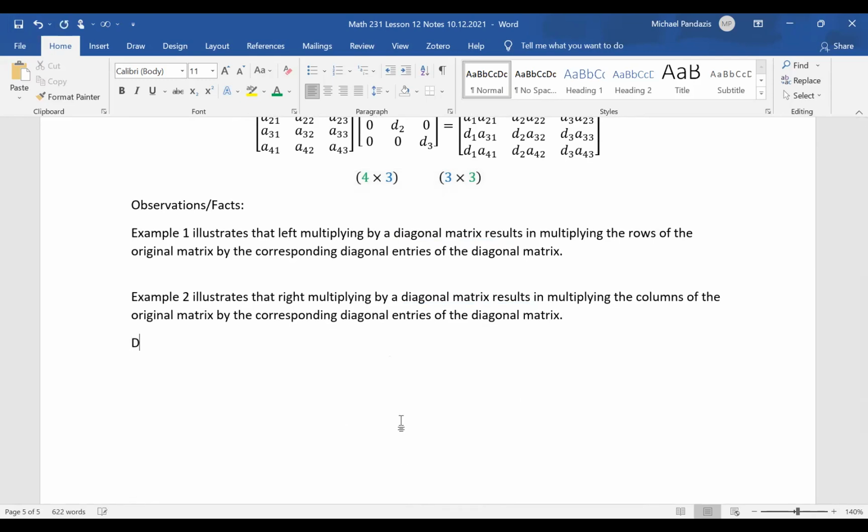Okay, definition. A square matrix in which all entries above the main diagonal are 0 is called a lower triangular matrix.